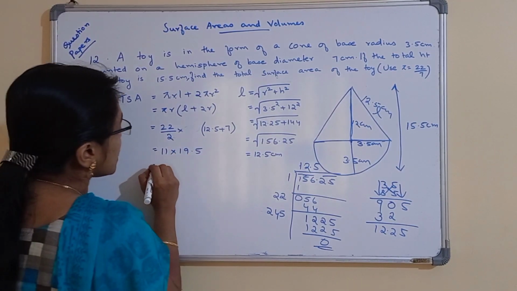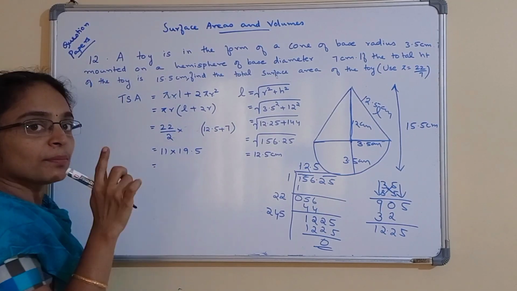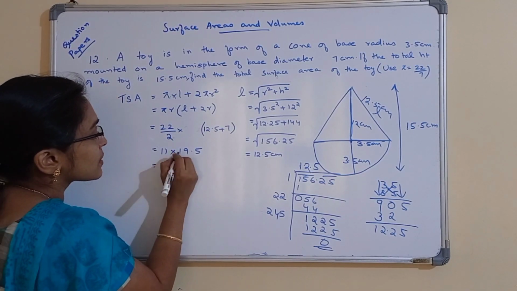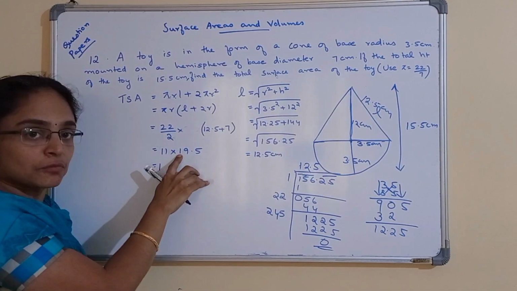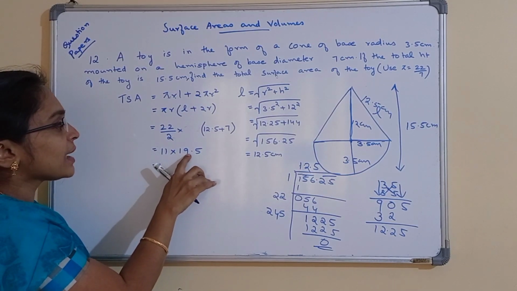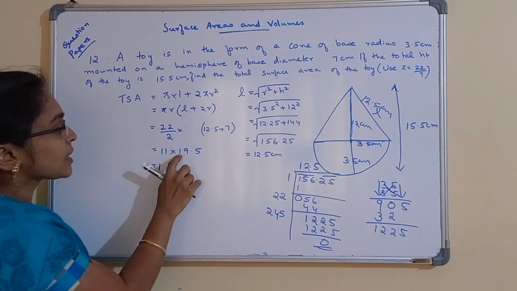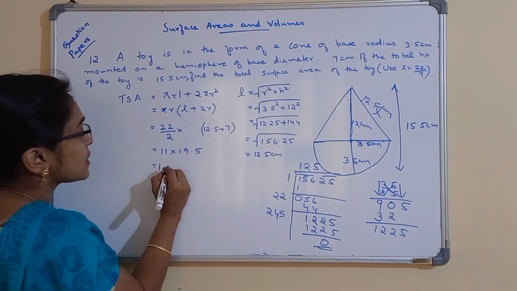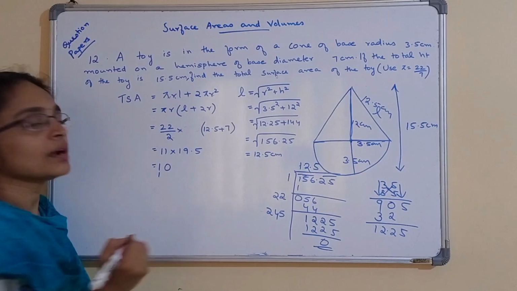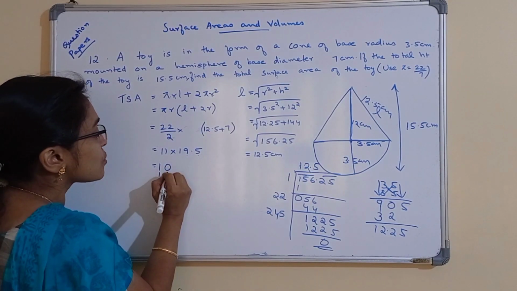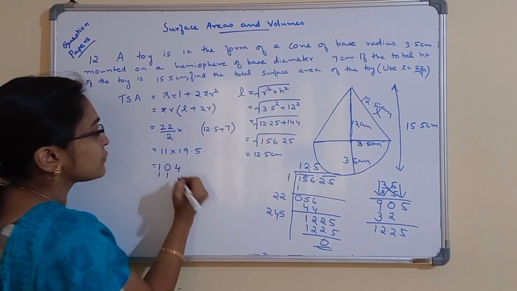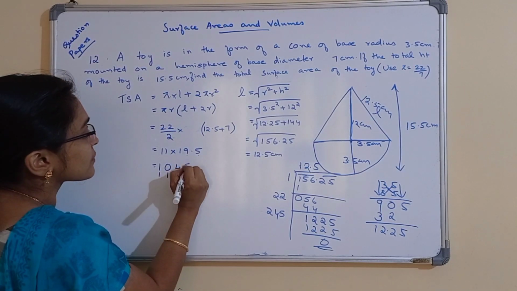Okay. Now to multiply a number by 11, first write the leftmost digit as it is, then add the adjacent digits together. That is 1 plus 9 is 10. So write 0 here and 1 as carry here. Then 9 plus 5 is 14. So write 1 here and 4 here. Then 5.